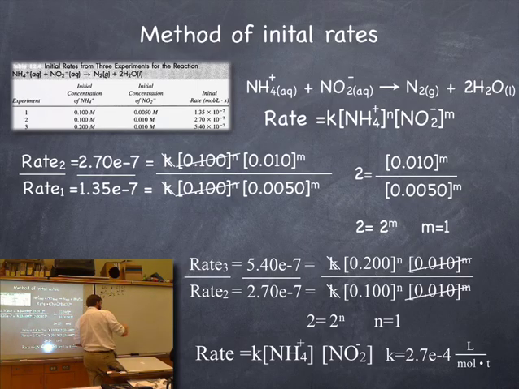Right, so let's say that this had turned out to be second order. Then this would be squared and squared. And what if this had turned out to be zero order? That goes away.